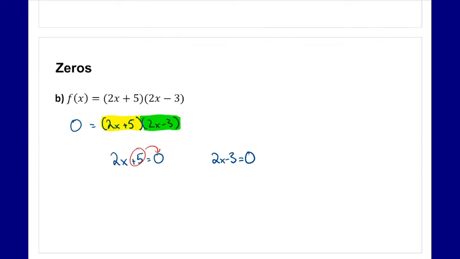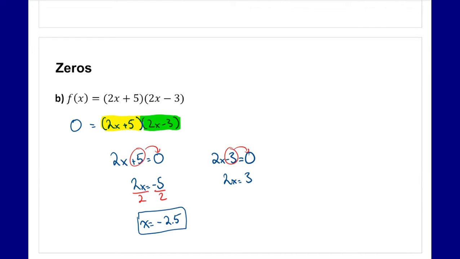Move this term over. We get 2x is equal to negative 5. Divide both sides by 2. We get x is equal to negative 2.5. And we do the same thing for the second bracket. Move the minus 3 over. 2x equals positive 3.